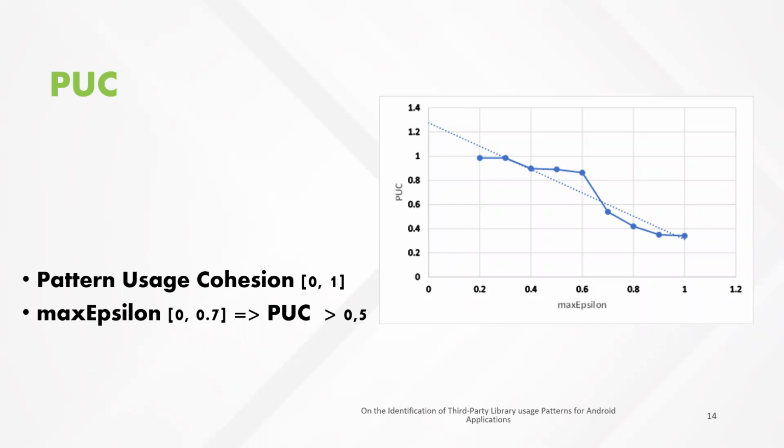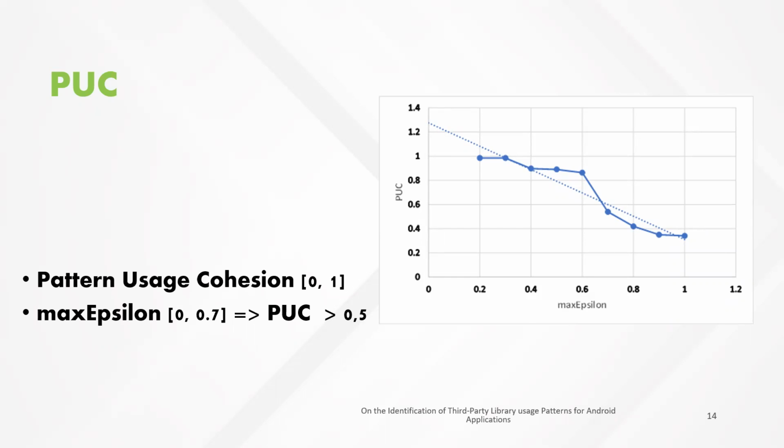We observe from the figure that the variation of epsilon has a direct impact on the cohesion of the detected usage patterns. LibScandroid can reach a high peak score of 1 with a low value of max epsilon.